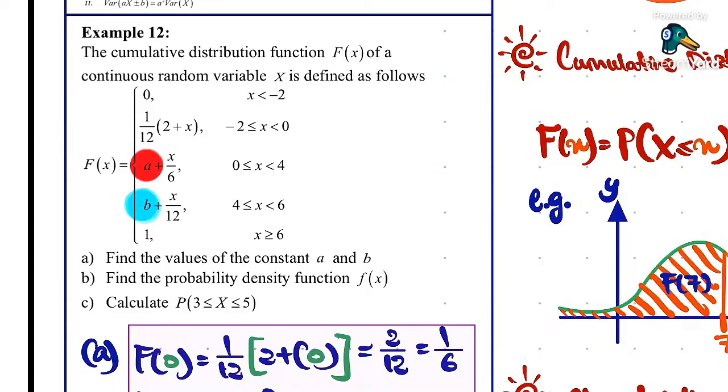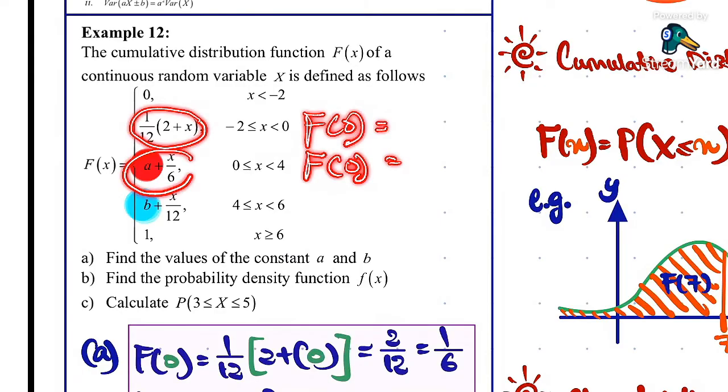So first of all, we do know something. A value, which is F(0), can be found from this function and of course from this function as well. So for F(0), we can use these two functions and then compare them together.